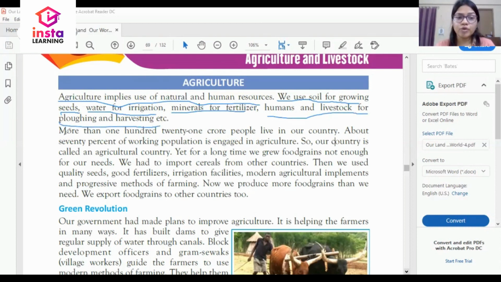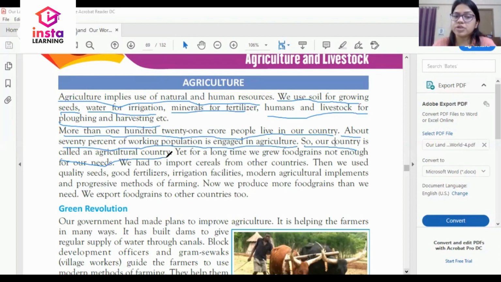More than 121 crore people live in our country. About 70% of the working population is engaged in agriculture. So, our country is called an agriculture country. Dear student, this is a very important question.